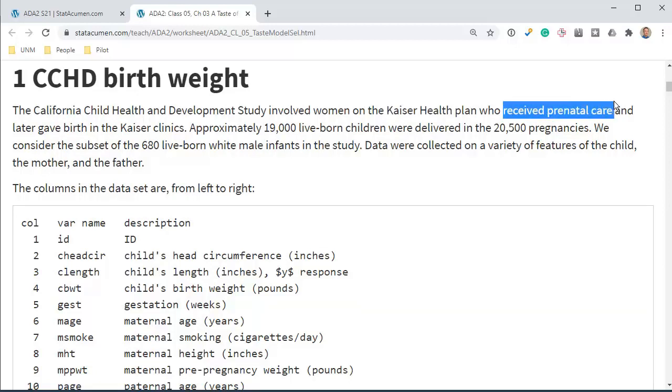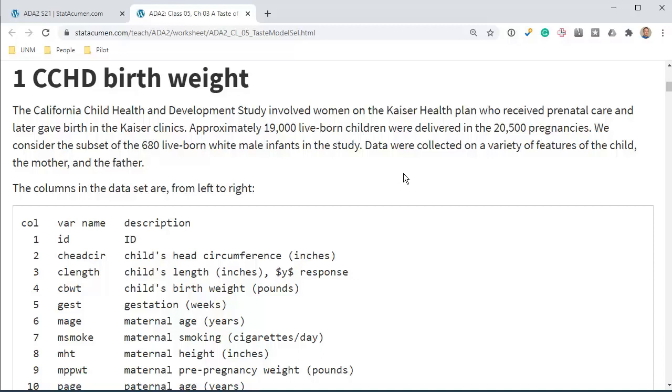So all those conditions need to be satisfied for the population. So once we fit this model, we can now make predictions of future women and men, because the father's data are in here too, future families for the weight of their child. But we can only predict with 10%. We only explain 10% of the variation in birth weight.